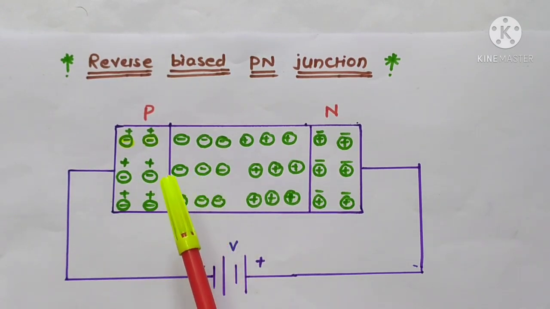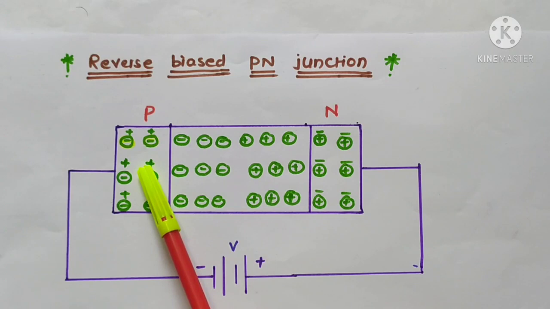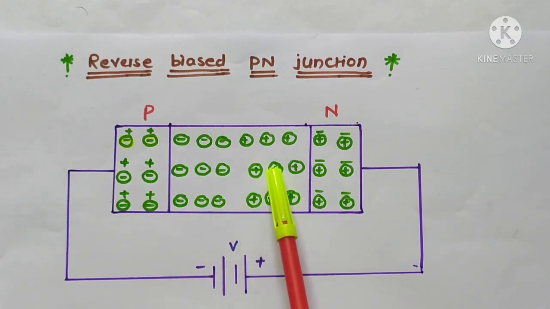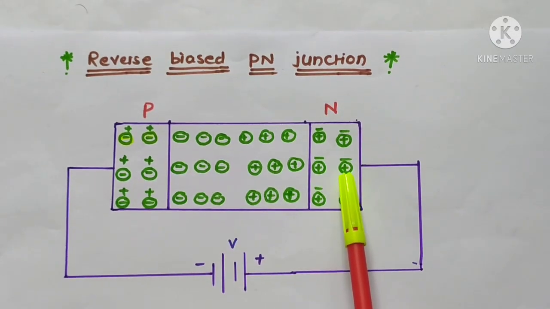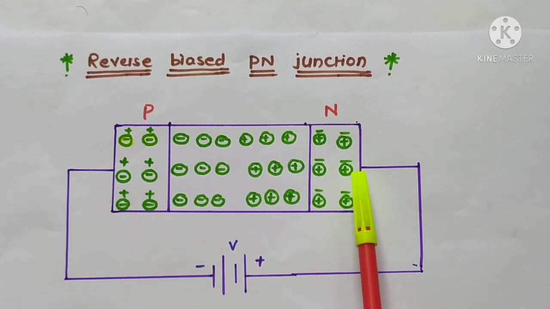Similarly, the free electrons which are minority carriers in the P-type region will be able to cross this depletion region, and after crossing it they will reach the N side, and once they reach the N side region they will get attracted towards the positive terminal.